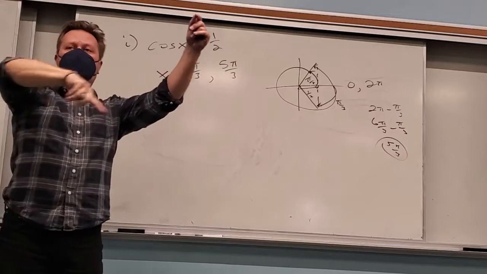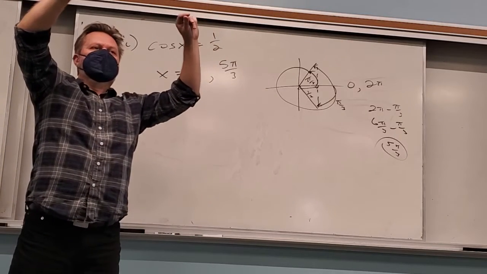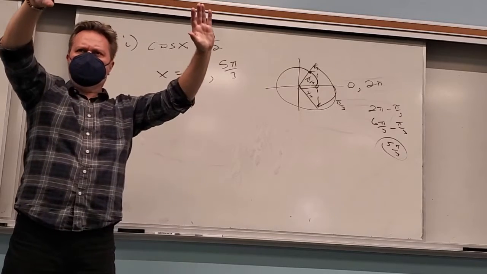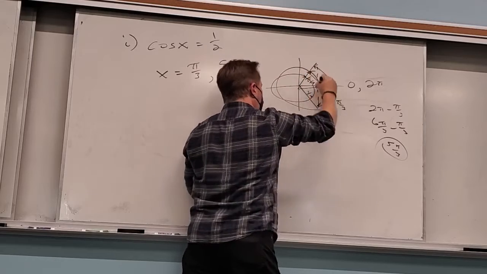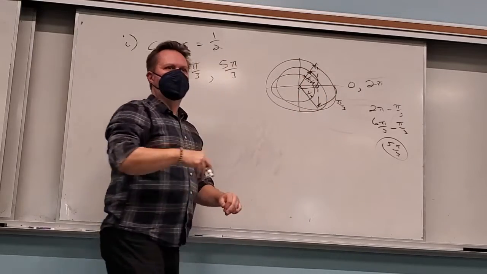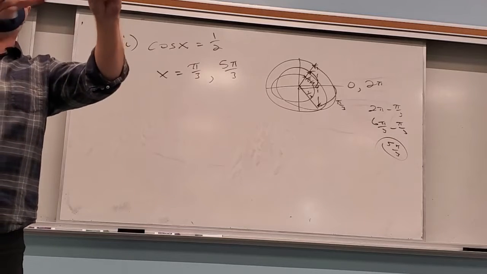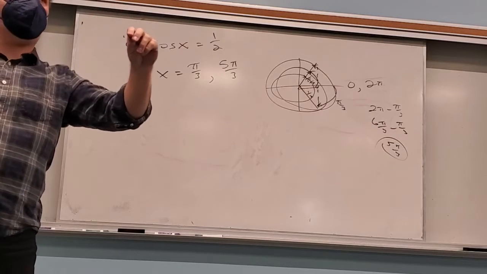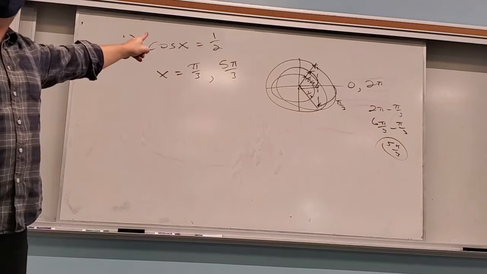And then can't I add 4 pi? And then can't I add 6 pi, right? You guys with me? Could I also subtract 2 pi? Subtract 4 pi. We know that trig just repeats and repeats, it keeps giving the same answers forever. So there must be an infinite number of answers to this.